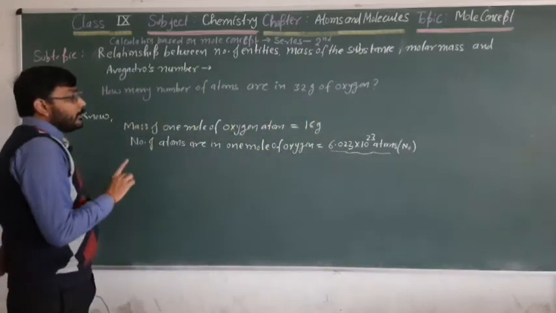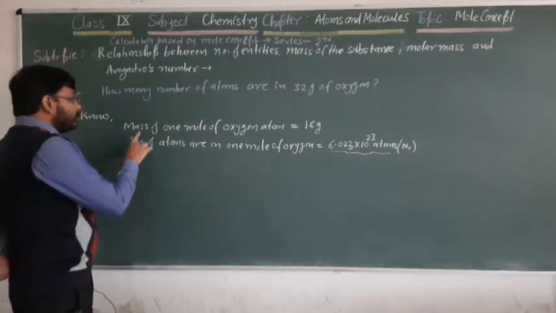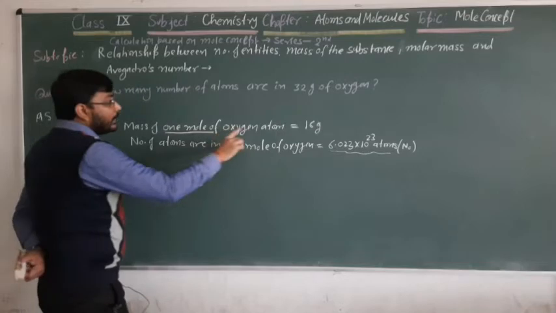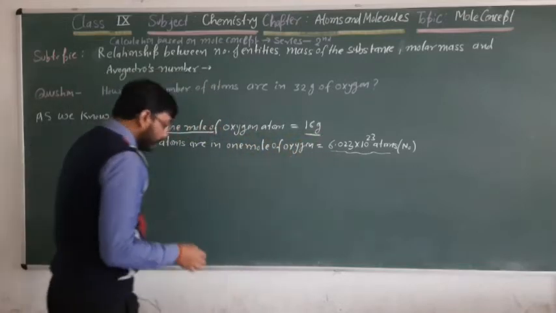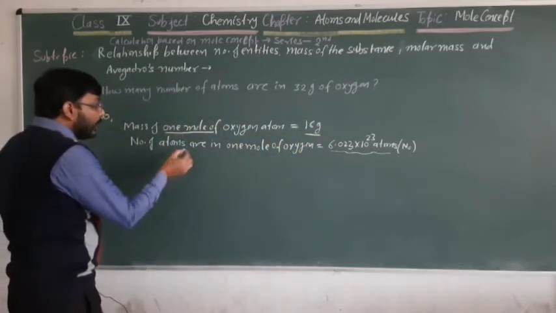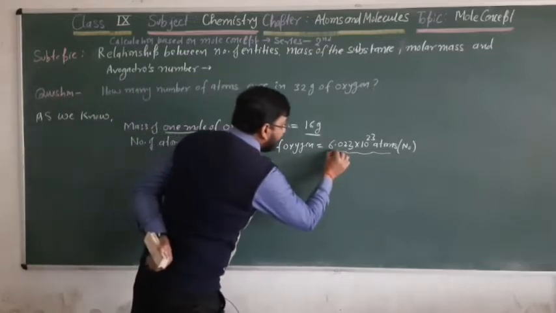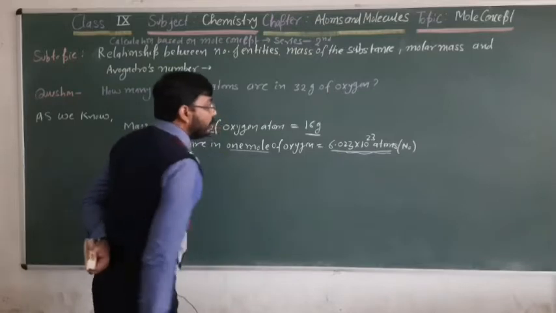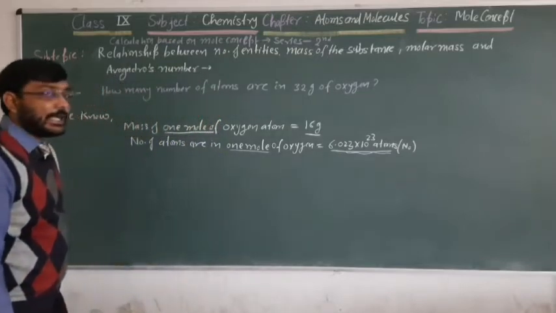So one thing is clear from here. 1 mole of oxygen atom has a mass of 16 gram, and the number of particles or atoms present in 1 mole is 6.023 into 10 power 23 atoms.